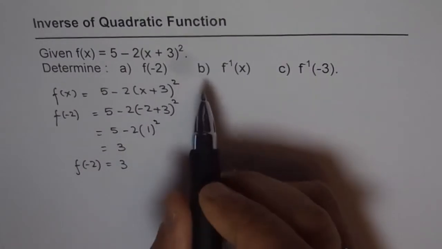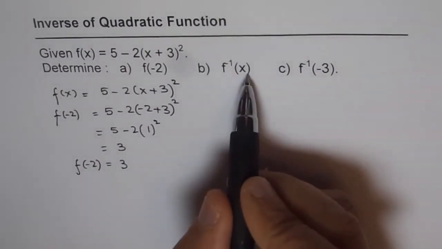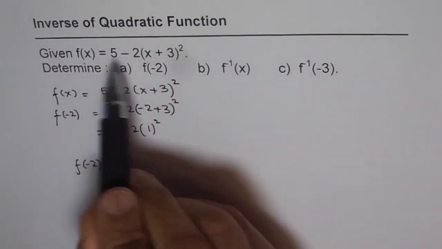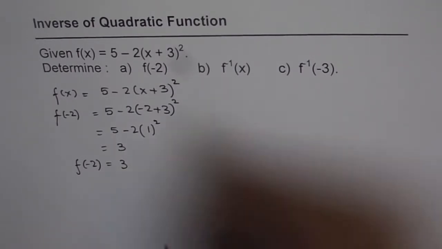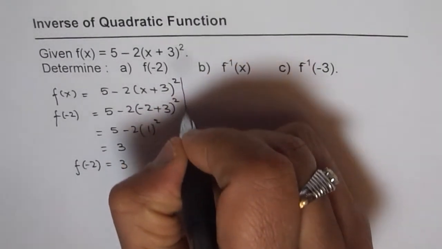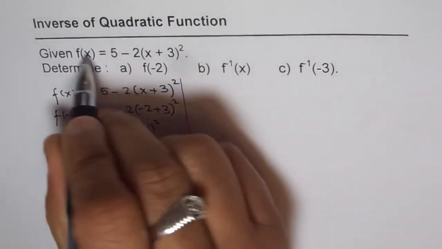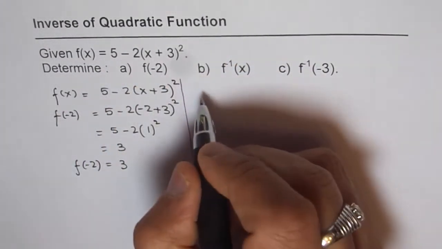Now the second question is f inverse of x. Now how to find the inverse of this function? To find the inverse of a function, what we should do is swap x and y and then calculate what y is, right? So that is how you find the inverse of the function. So let's follow the steps. You have f of x equals this, so we'll swap.